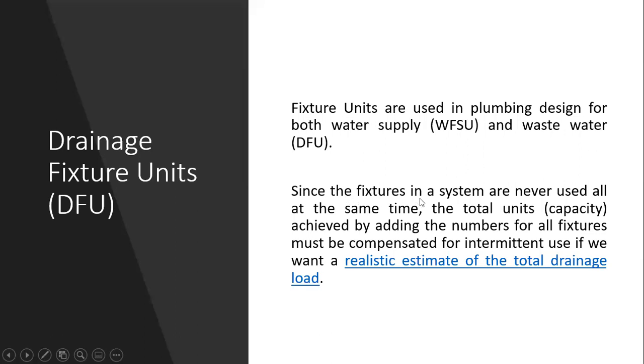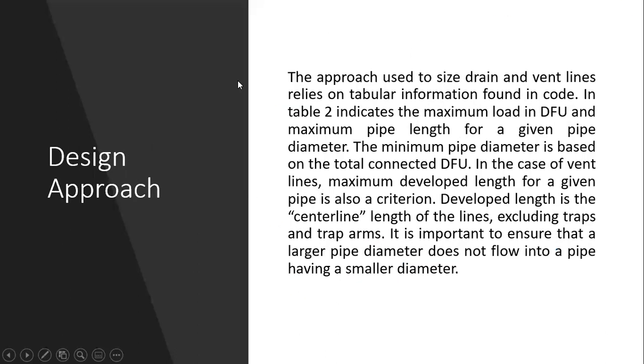Since the fixtures in a system are never used all at the same time, the total units capacity achieved by adding the numbers for all fixtures must be compensated for intermittent use if we want a realistic estimate of the total drainage load.